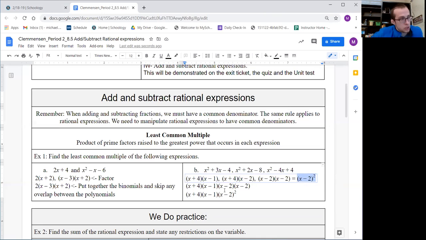Are there any questions on that problem? Any part of B? How we got the least common multiple, how we factored any of these, any of that stuff.